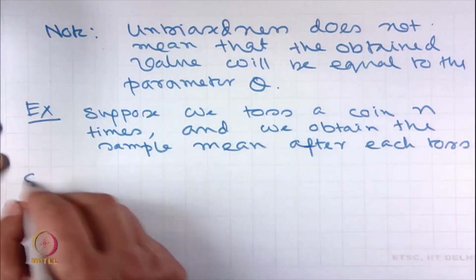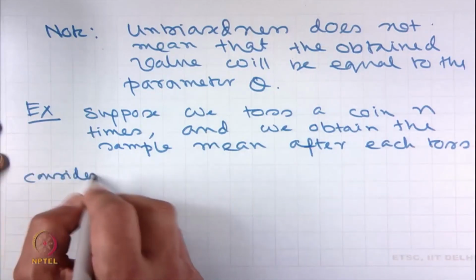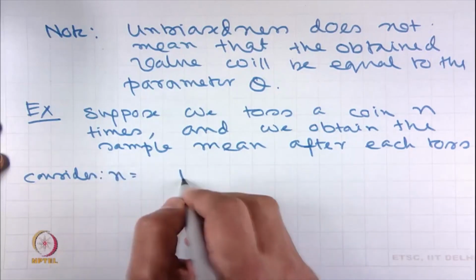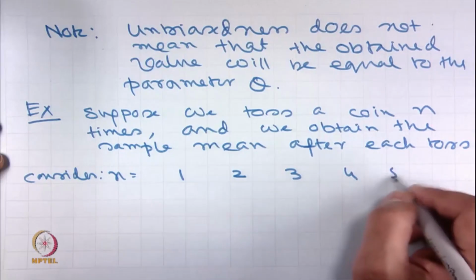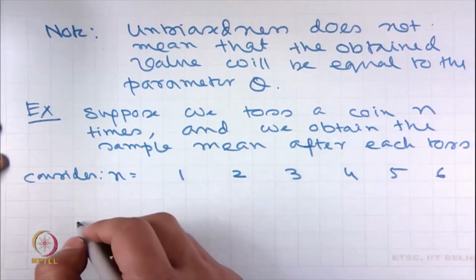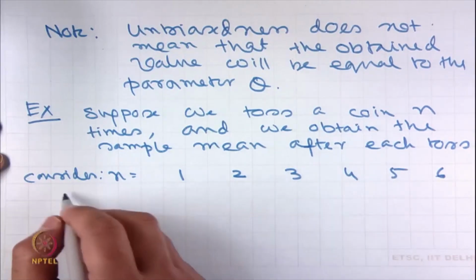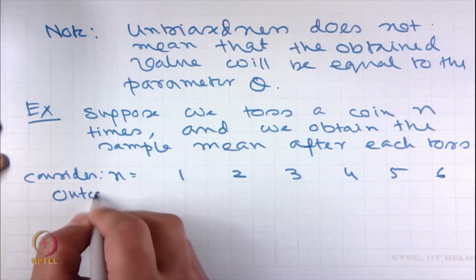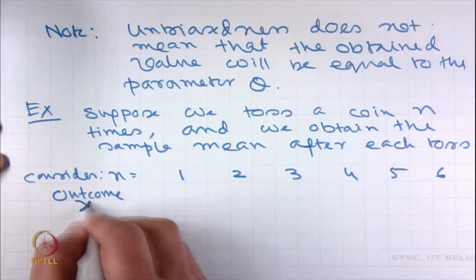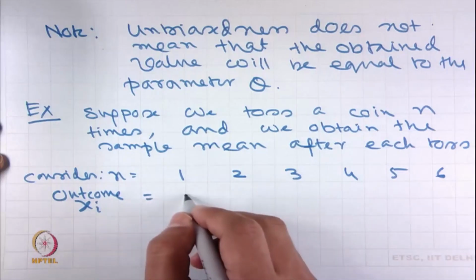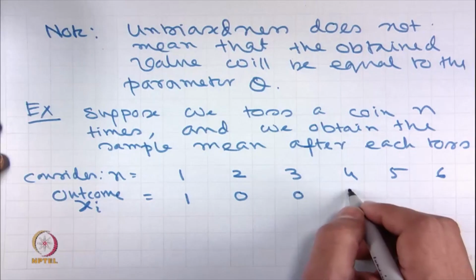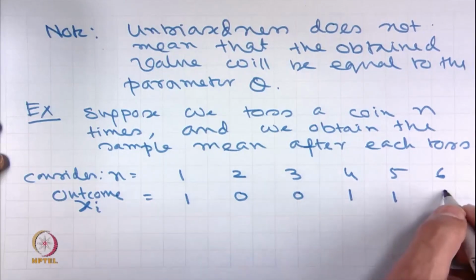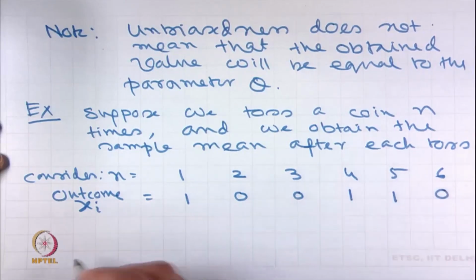So, consider n equal to say 1, 2, 3, 4, 5, 6. Suppose I am looking at 6 tosses and outcomes, that is xi, are say 1, 0, 0, 1, 1, 0.